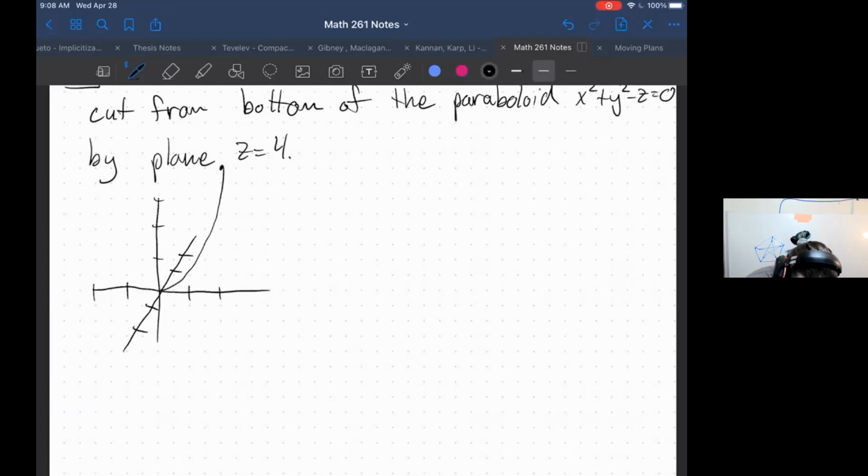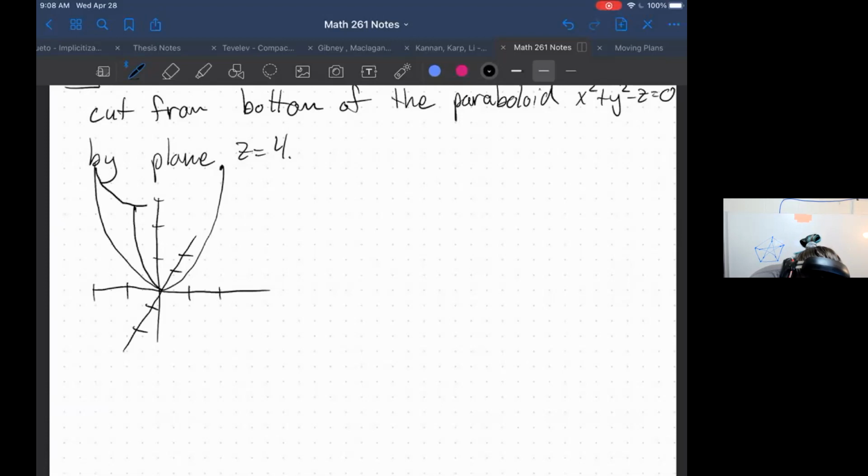So we have this z and y parabola, and then we would have the same thing in the x direction. I don't know if this is going to be fully accurate, but maybe something like that.